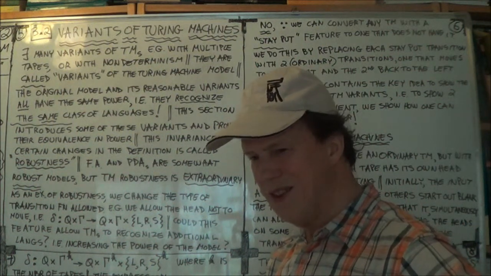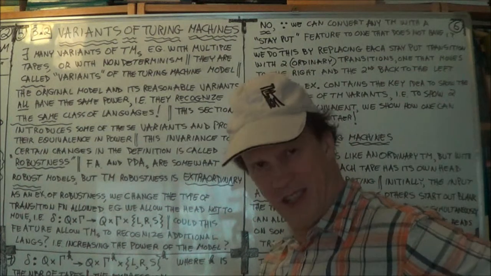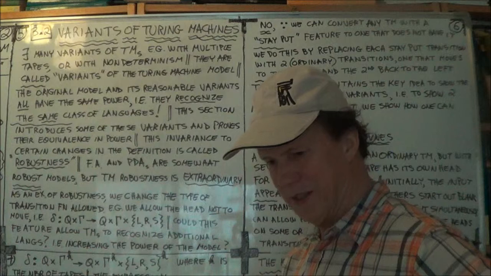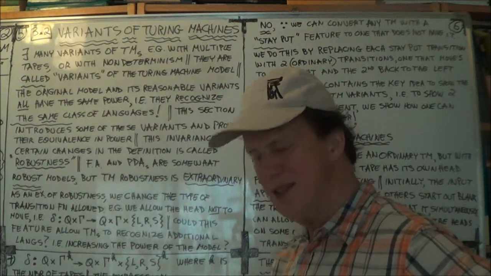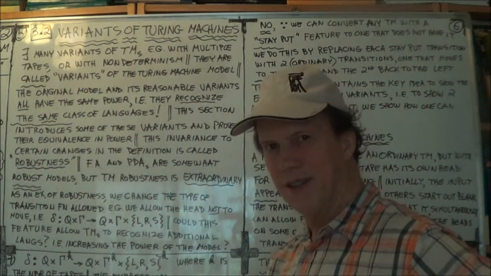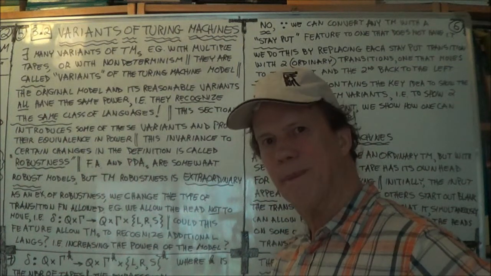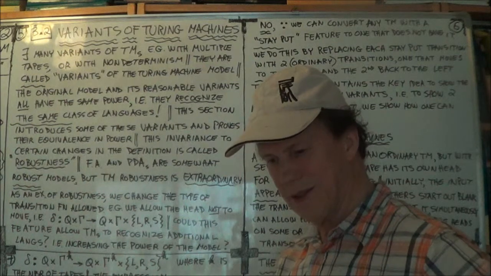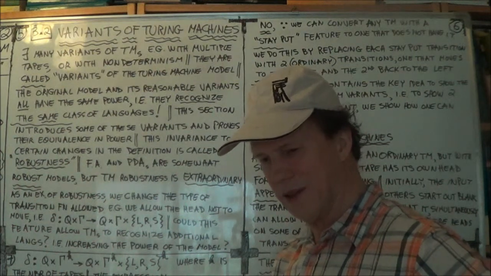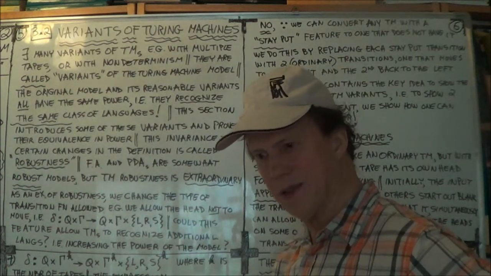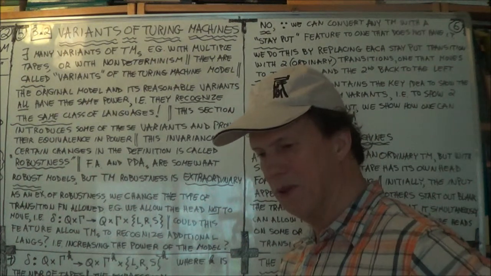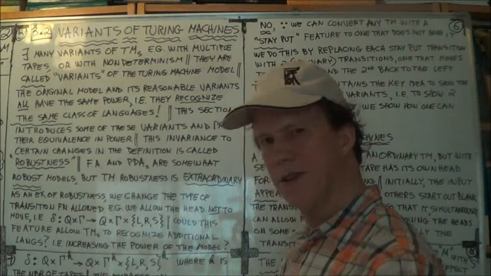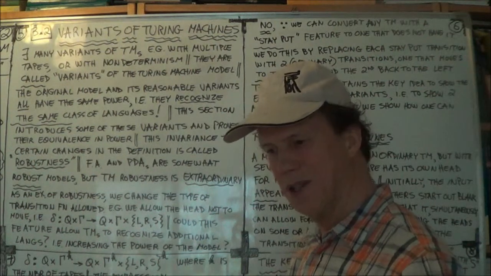But even with that huge variation, the power of today's supercomputers is still equivalent to the original Turing machine design. It may be hugely more efficient, but in terms of power, can it recognize a greater class of languages? Nope, still equivalent. And all these theorems show that this variant and that variant are all equivalent to the original Turing machine design.